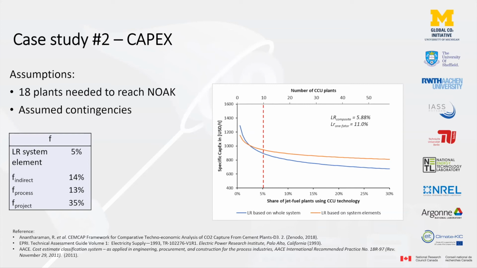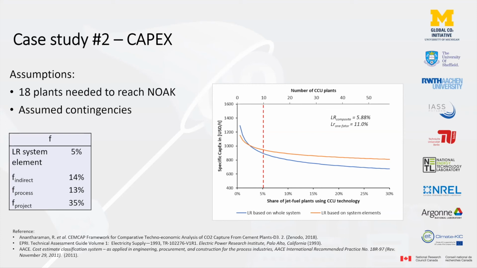And here you see that the overall learning rate is 5.88% here, and they use the CapEx from 1100 to, after the 10 plants, something near 900.